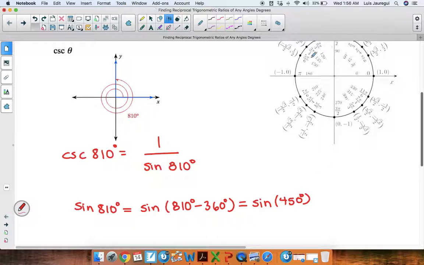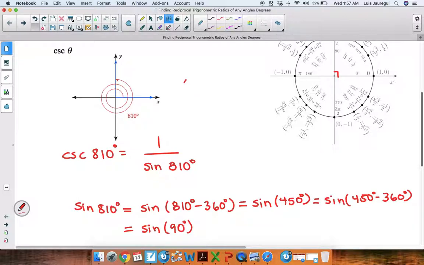However, 450 degrees is not the measure of an angle on the unit circle, so let's find a smaller coterminal angle and let's take sine of that angle. So this is the same as sine of 450 degrees minus 360 degrees. And this happens to be the same as sine of 90 degrees. Now, 90 degrees is in fact an angle on the unit circle, precisely here.